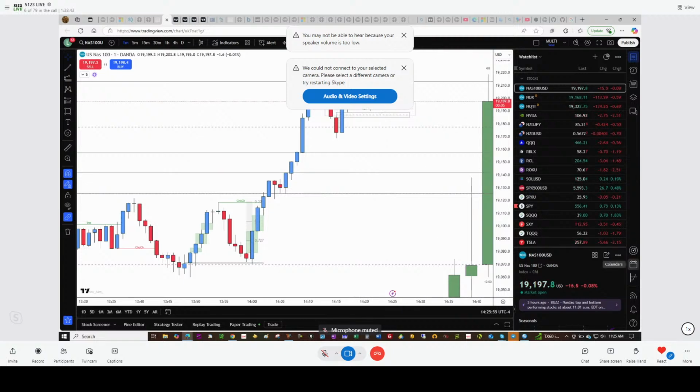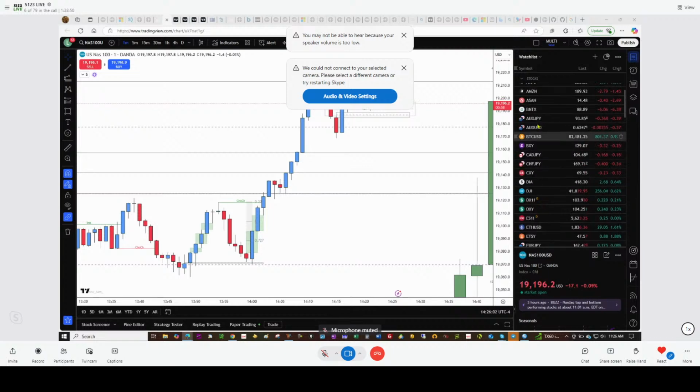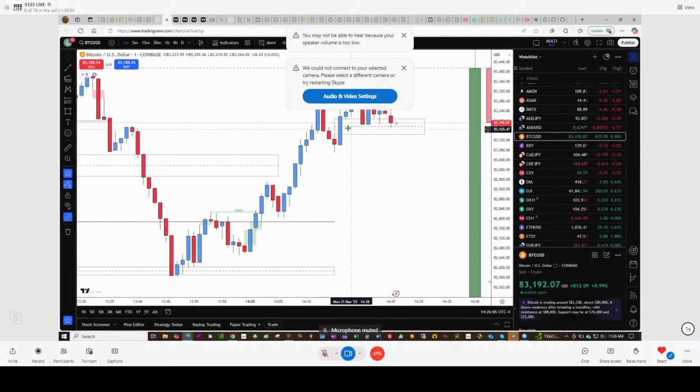Bitcoin is doing the same thing. Bitcoin is looking tempting for sure. Just like the NAS, we're right in that gap, so it's looking like a tempting buy to continue the push.